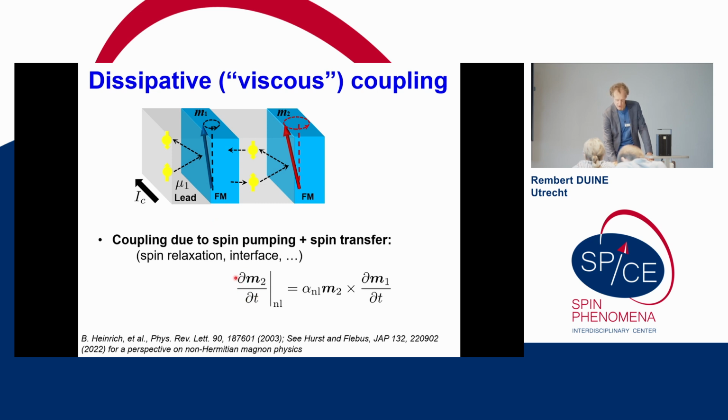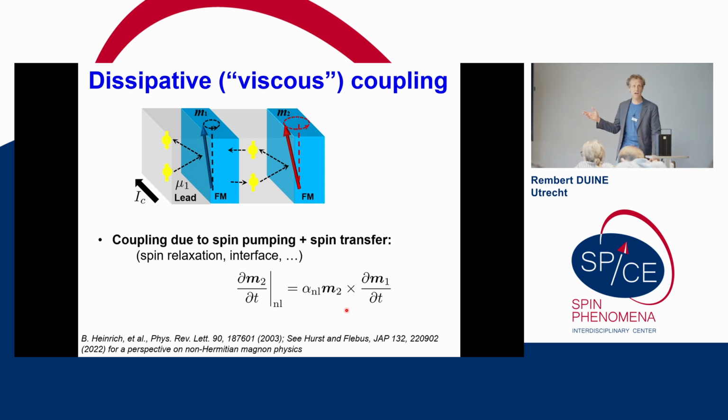So the combined effect of these two processes, emission of spin current and absorption of spin current, leads to a non-local damping term, at least if you write it down classically, which is of the form of an ordinary Gilbert damping term, but involves the dynamics of both magnets.